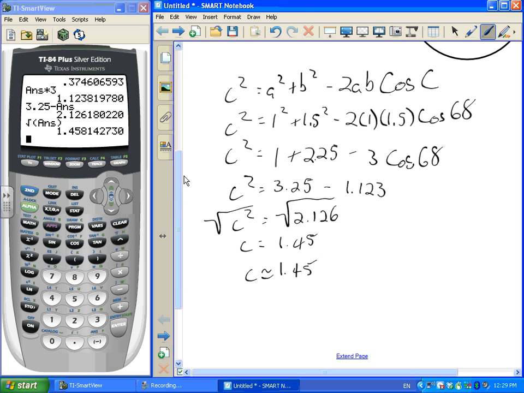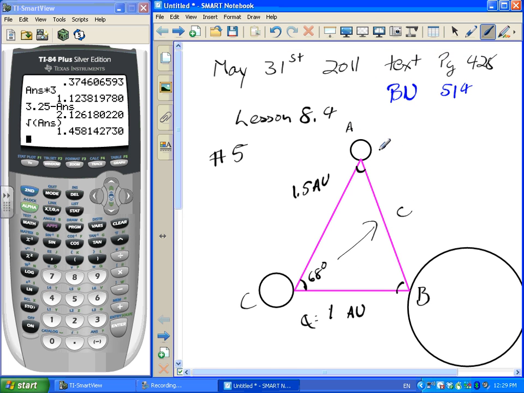So what I've just discovered is the distance from Mars to the Sun is 1.45. If we were to actually be in space, is this true or false? Anyone know? Why is it false? Why could it be true?